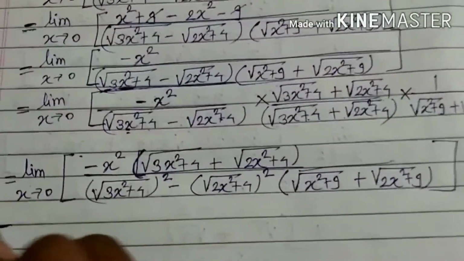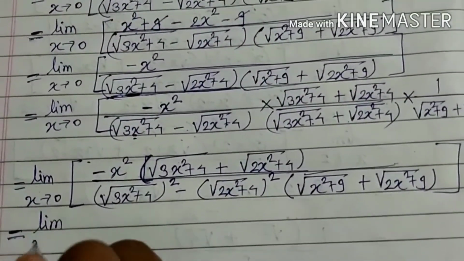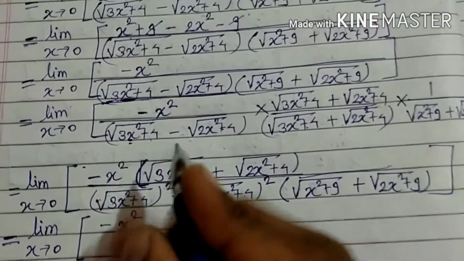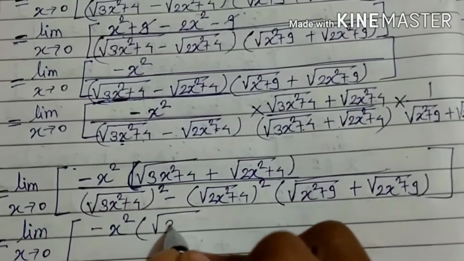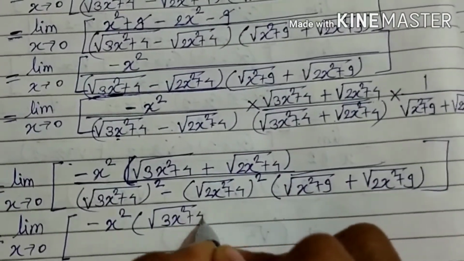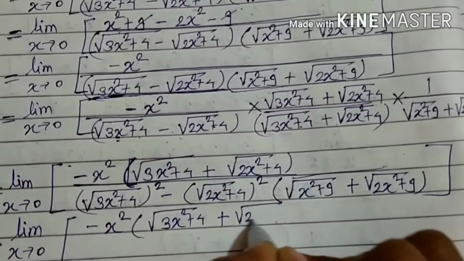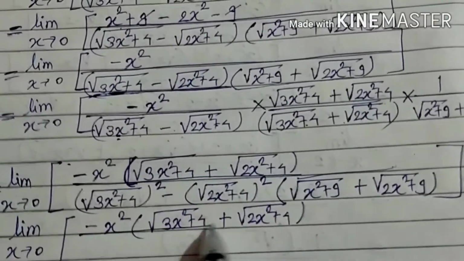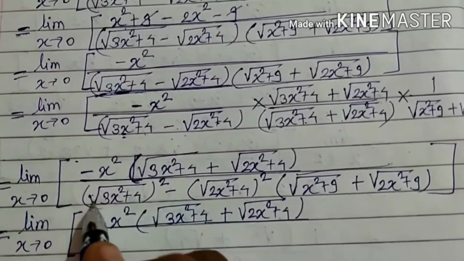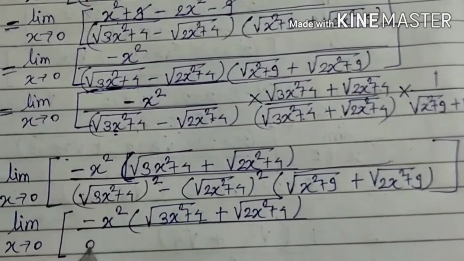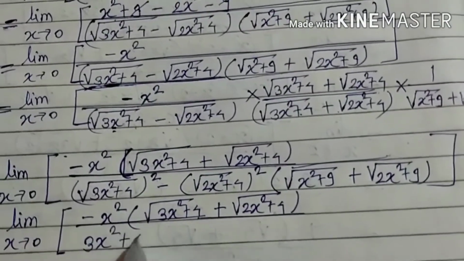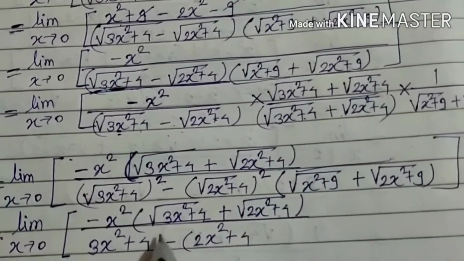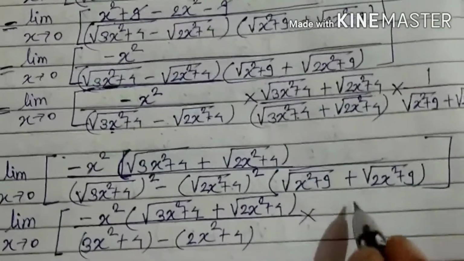So here minus x square as it is, this term square root and square get cancel, so 3x square plus 4 minus 2x square plus 4 and this term.